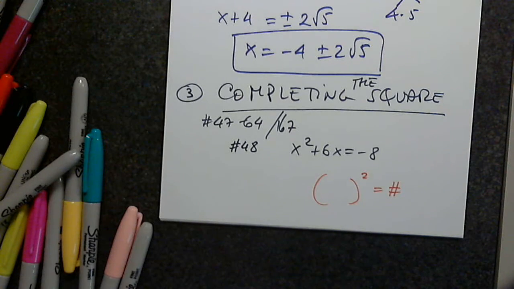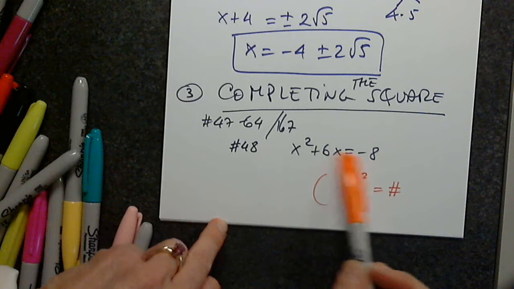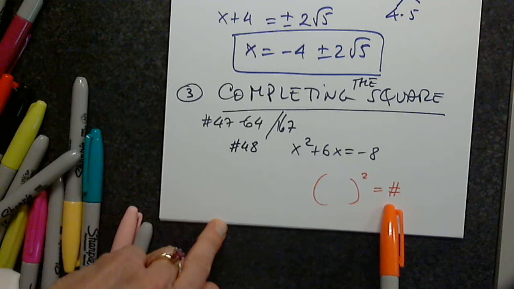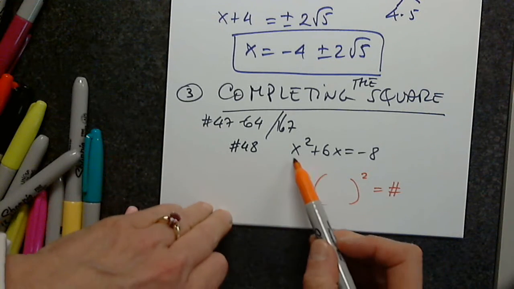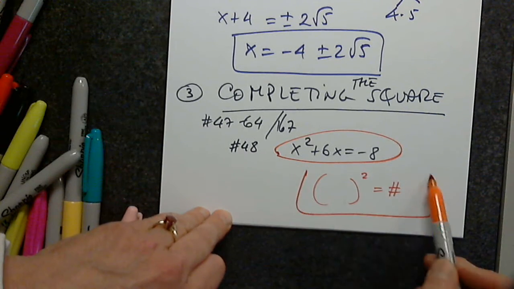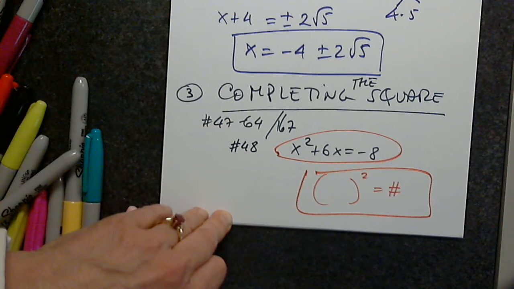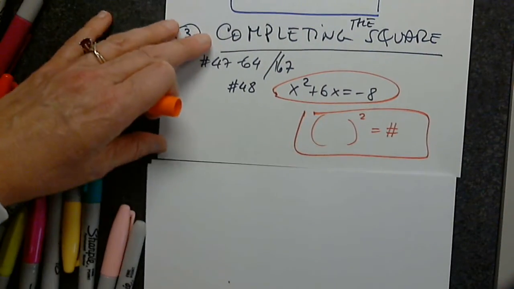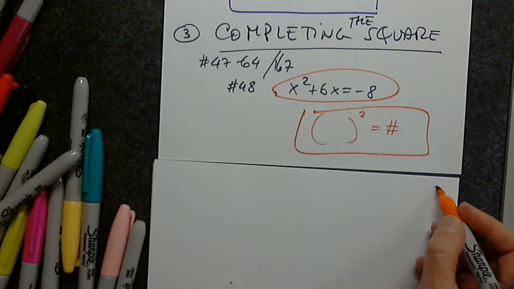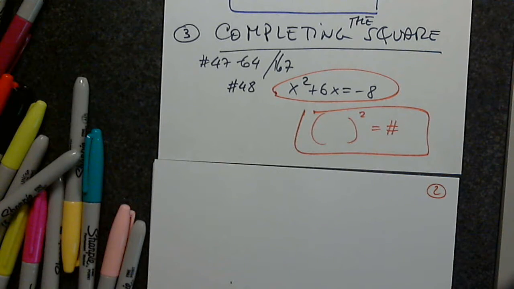Taking the square roots, like we just did, right? But the question is, how do I make this into this? What are the steps from this equation to this one? Okay, and here they are. They are based on what we did on the very first day of classes, those special products.